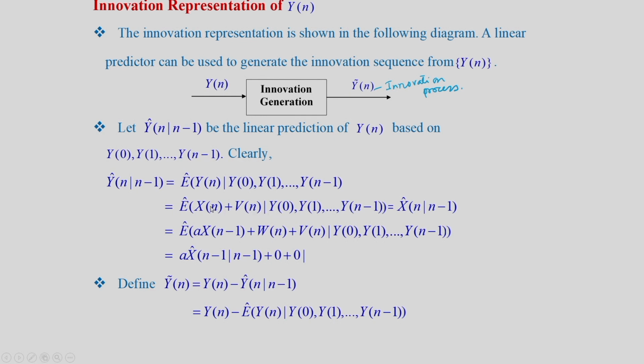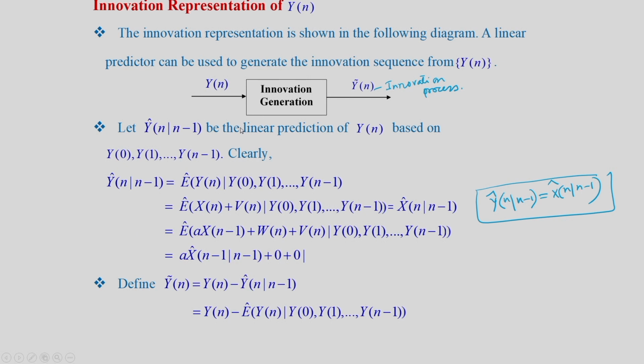Therefore, this will be simply the linear prediction of xn given data up to n minus 1. So, this is one important relationship. Therefore, y cap n given data up to n minus 1 is equal to x cap n given n minus 1. This relationship is important for us.